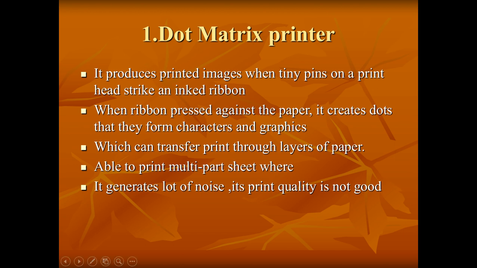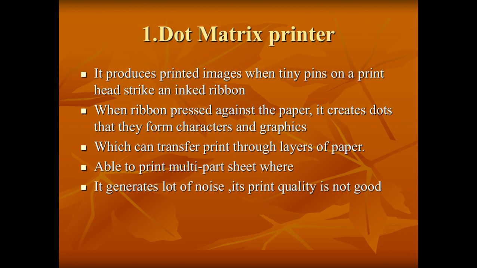It is able to print multi-part sheets, where multiple means 2, 3, 4 sheets you will insert, and it generates a lot of noise. Its print quality is not good if you compare it with the laser printer.